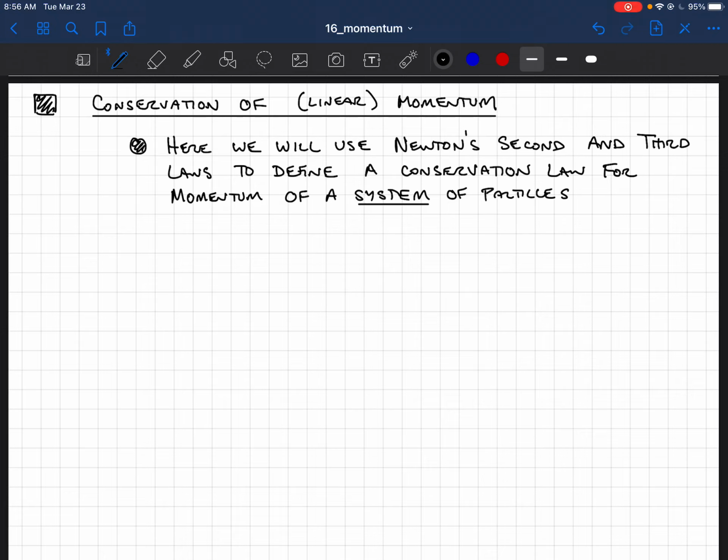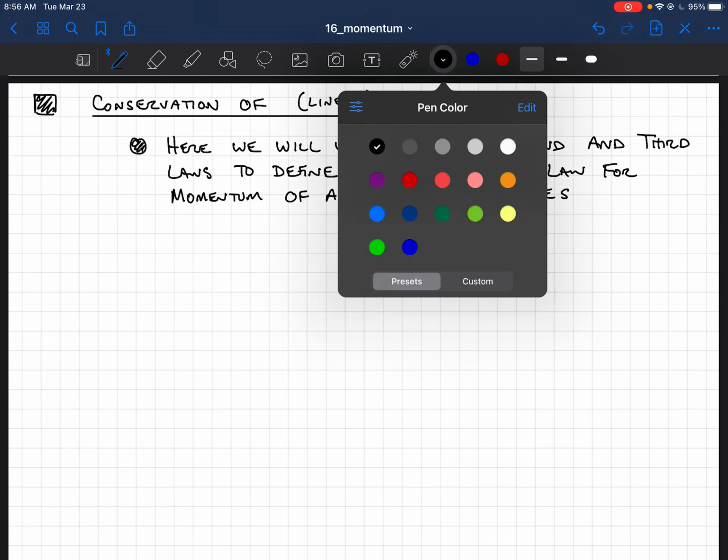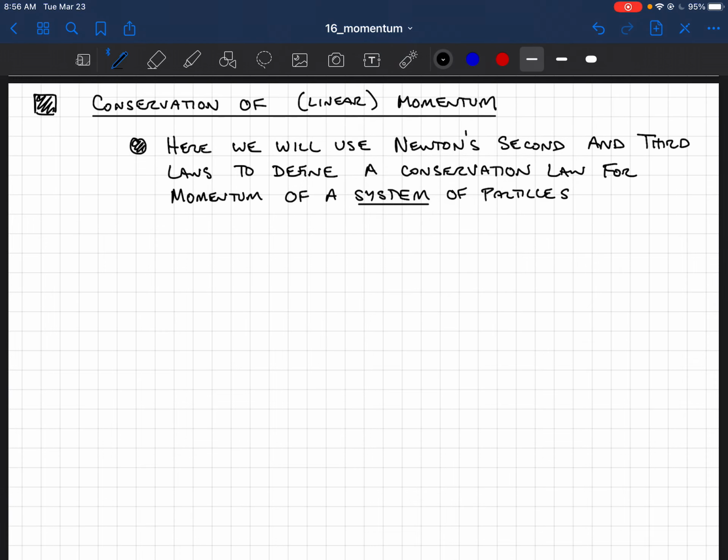So we're going to consider a system of particles. And for simplicity, we'll just consider that system to be just two particles. So we'll call them MA and MB. And we're going to allow them to come in contact with each other. So when they're in contact, we know that they exert forces on each other.